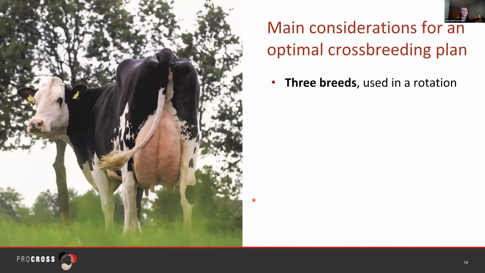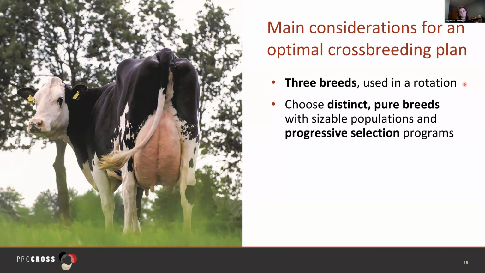A little bit then on what you should consider as you introduce your optimal crossbreeding plan. I'm totally on board with using 3 breeds in a rotation as ProCROSS promotes, for the reason I mentioned, mainly dealing with the heterosis. It's easy to find 3 breeds that fit most systems.